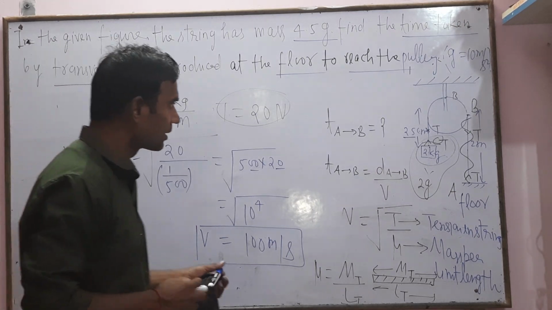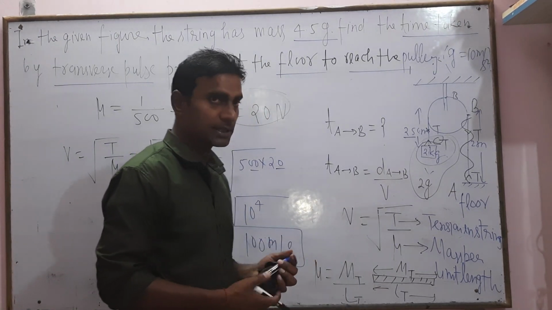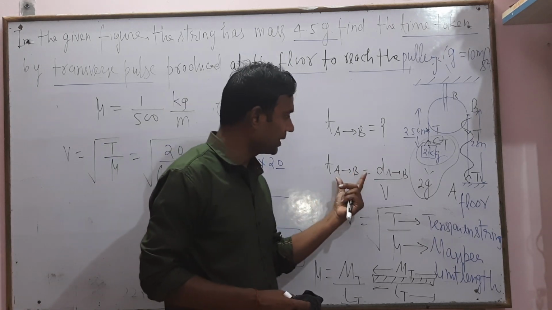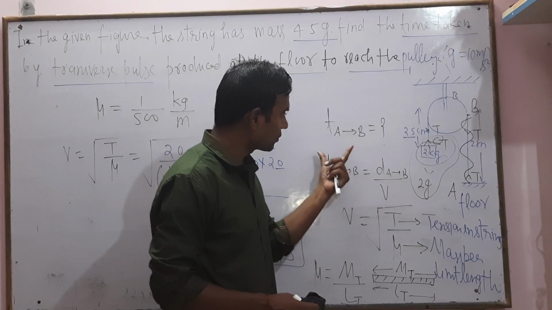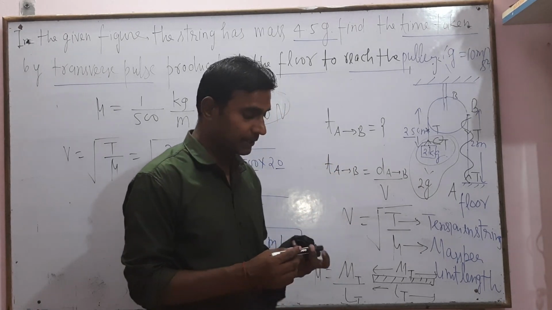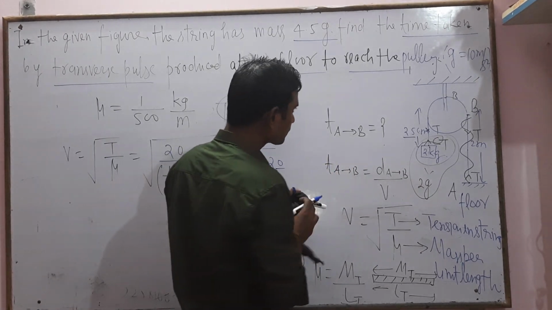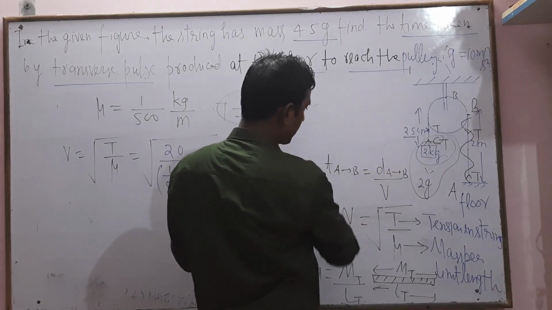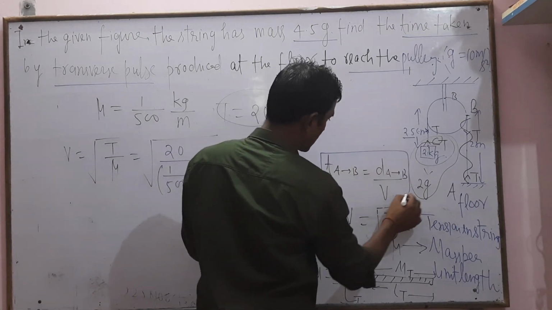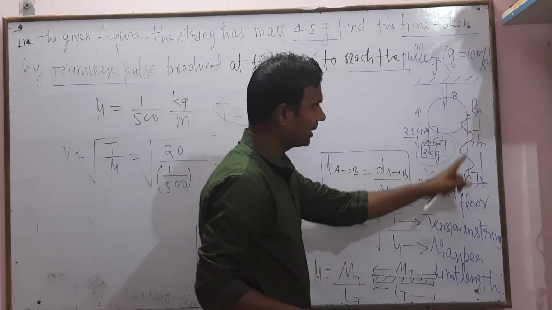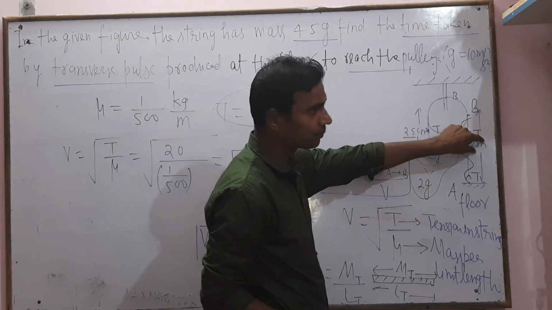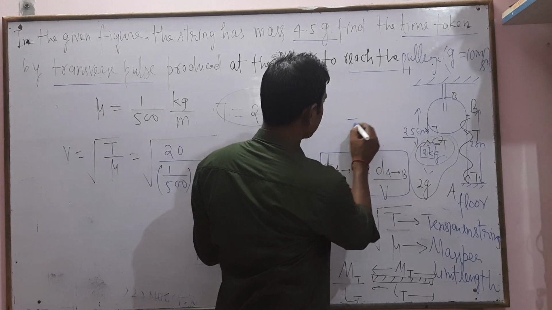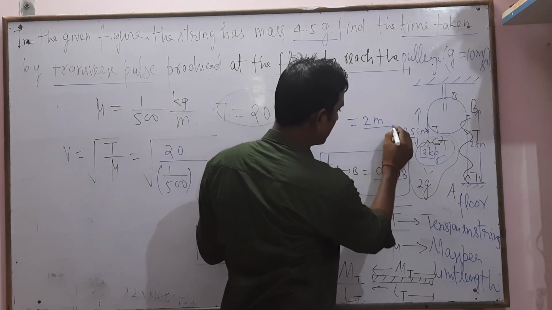But we need the time taken from A to B. This is the important point. Time taken from A to B is what? Distance A to B equal to 2 meter, divided by v.